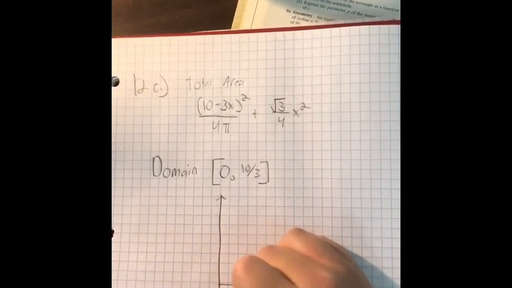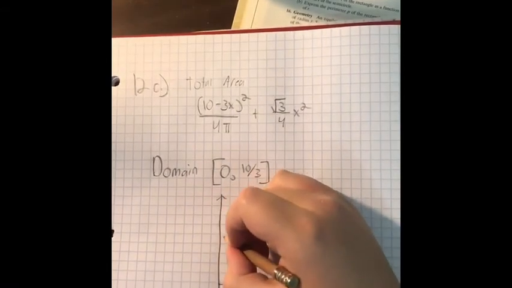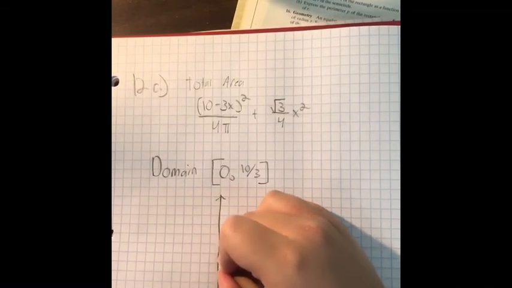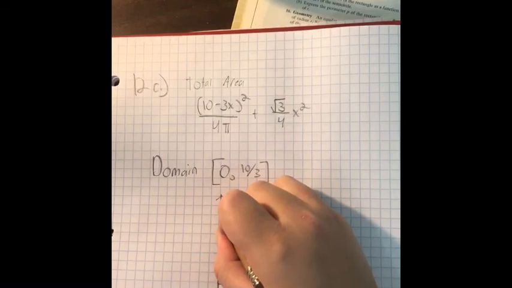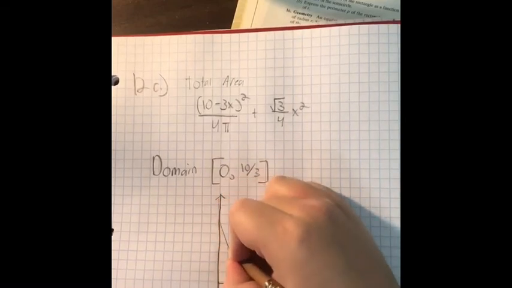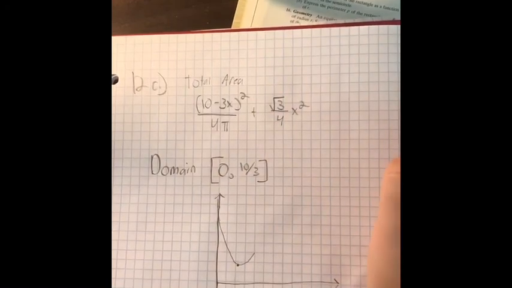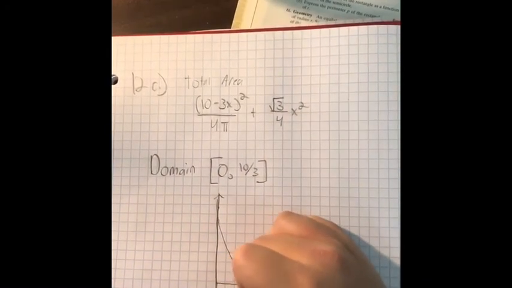So 1, 2, 3, that's about right there. And 0 is 1, 2, 3, 4, 5, 6, 7. Okay, so about right there. And that's what the graph looks like if you include the domain.